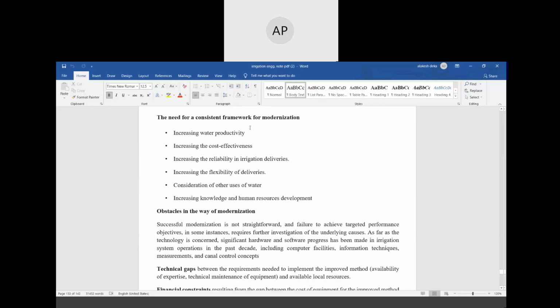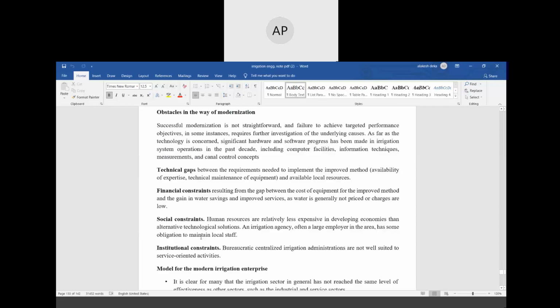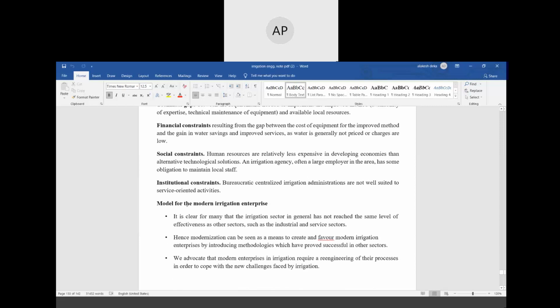So why do we need the framework of modernization? These things we have discussed. Obstacles in the way of modernization: there may be technical gaps, financial constraints, social constraints, institutional constraints, isn't it? Model for modern irrigation enterprise.